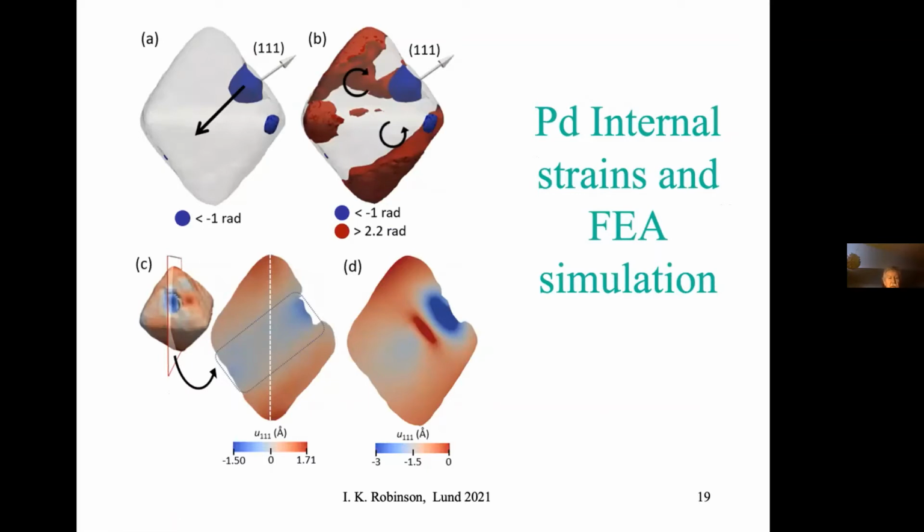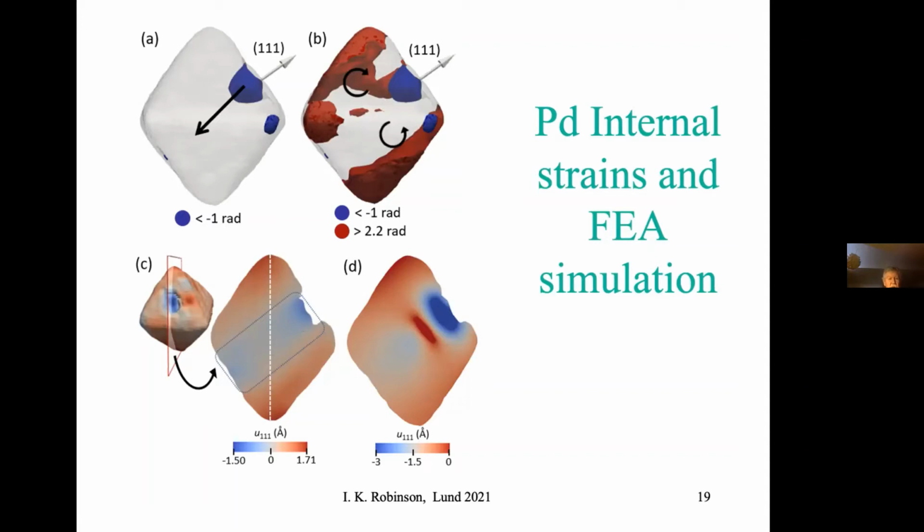But also there's a quite strong opposite strain associated with the edges of the crystal, and this is true in all directions. So there's like a cylindrical structure, which can be seen best perhaps in this picture C down here. The middle of the crystal is pressed in the negative direction, and the outside of the crystal is pressed in the positive direction. So there's a cylindrical deformation of the crystal, which is not expected.